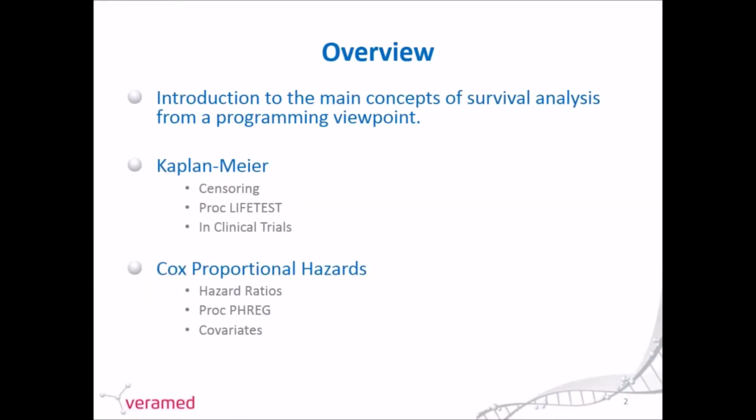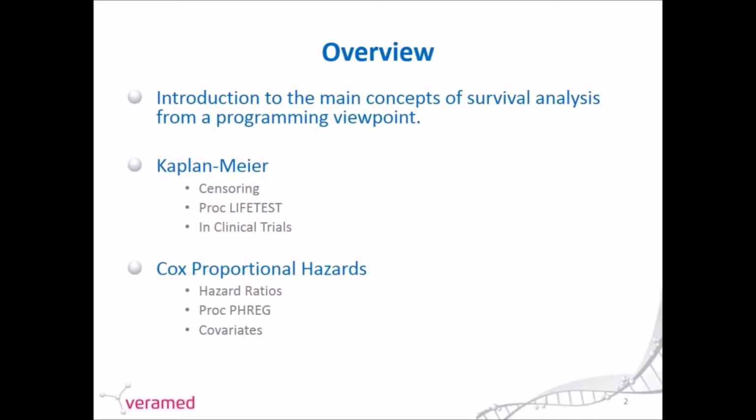So today I want to cover the main concepts of survival analysis and how they're likely to be used within clinical trials. I think it's important because it helps a programmer to be able to recognize exactly what's going on when they're producing outputs rather than just building to a spec. So to do that, I'm going to talk about two main methods.